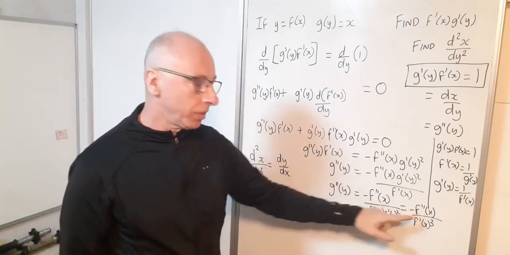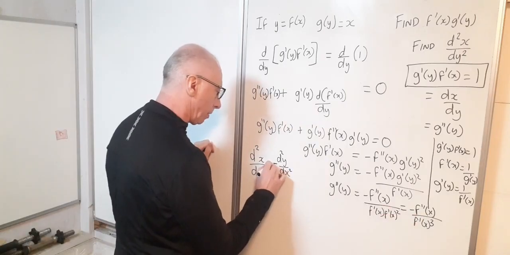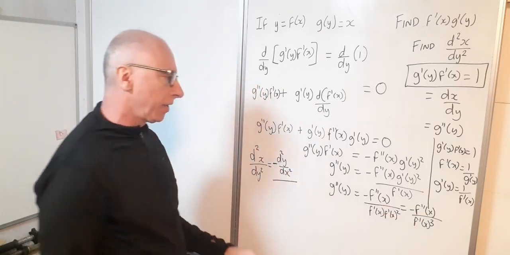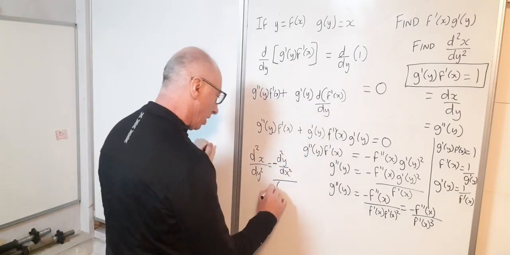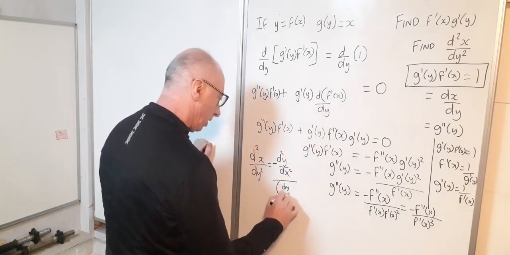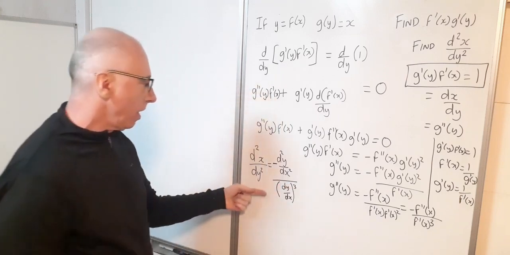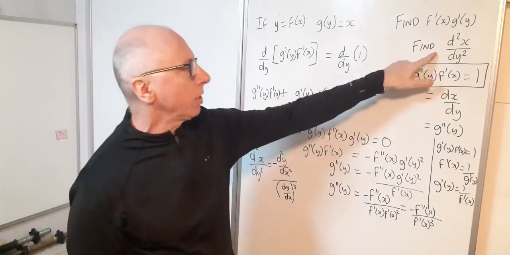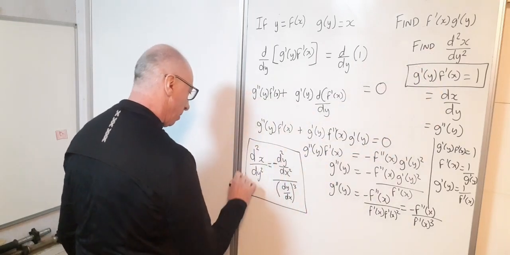As it's a second derivative, I can put the second derivative in there, not forgetting my minus sign, and then divide that by the first derivative of x cubed. So then I've got dy/dx all cubed. And that will be my representation of that, and I will declare that as my answer.